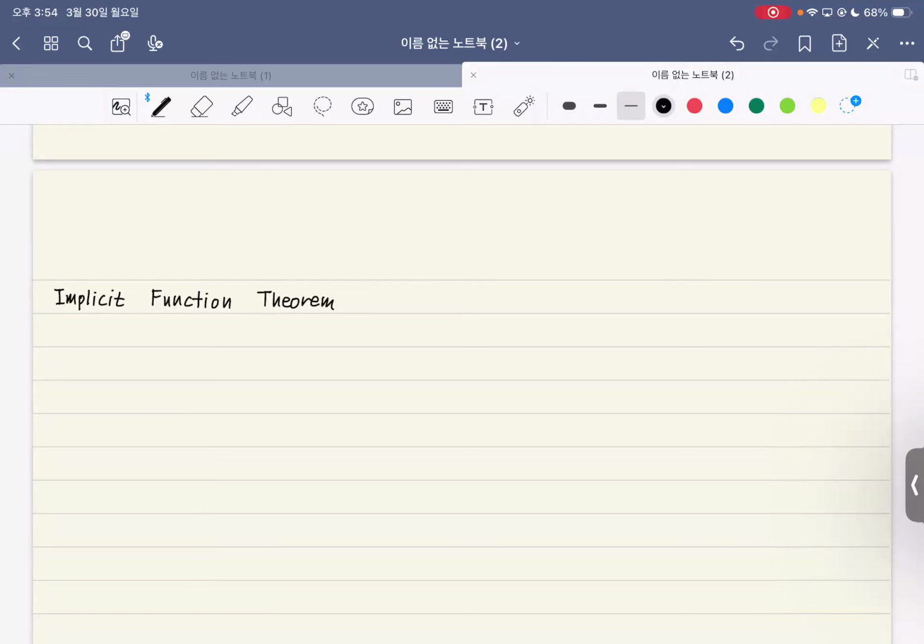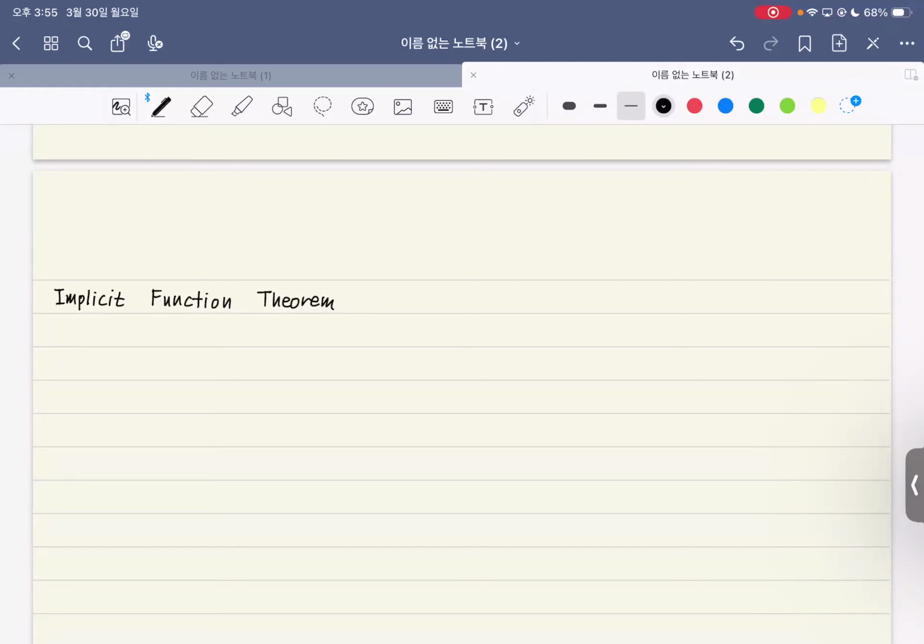That is, if you give a relation between these two variables, x and y, well, this can be any relation. So it could be x squared plus y squared equals some number, or x plus sine of y equals something. This function f can be anything. By imposing a relation between x and y, this is another way to define a function.